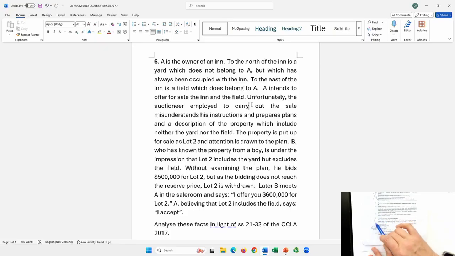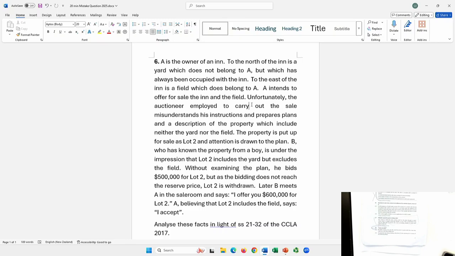Section 27 is relevant. Again, we don't know who's asking for relief, but for any relief granted, the court must take into account the extent to which the party seeking relief is responsible for the mistake.